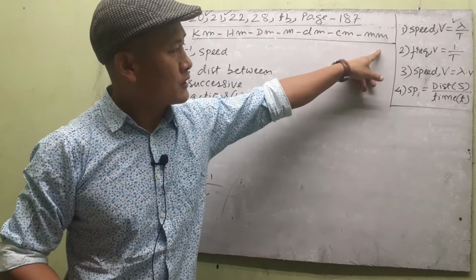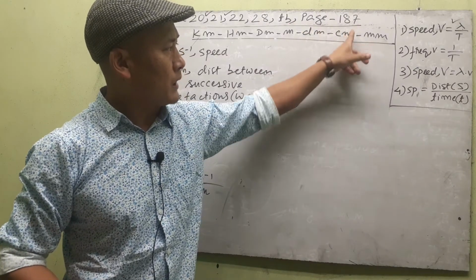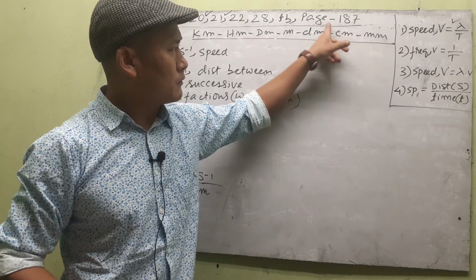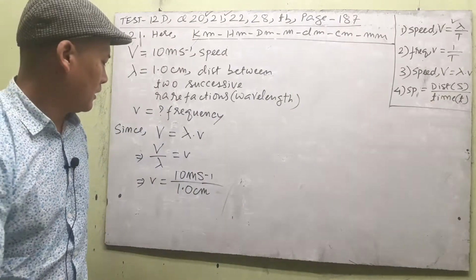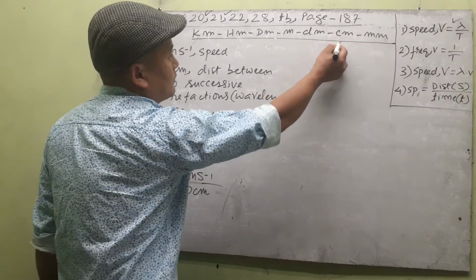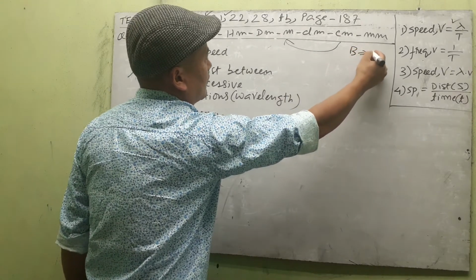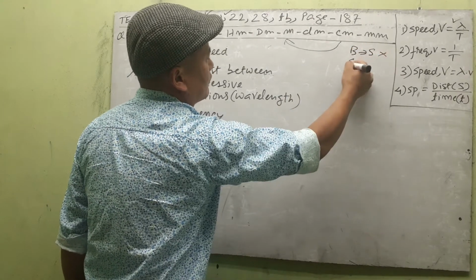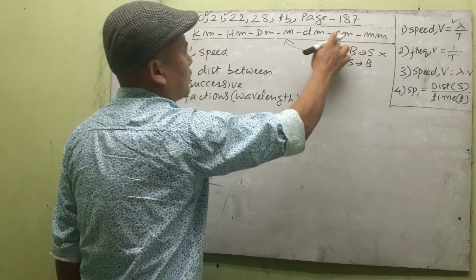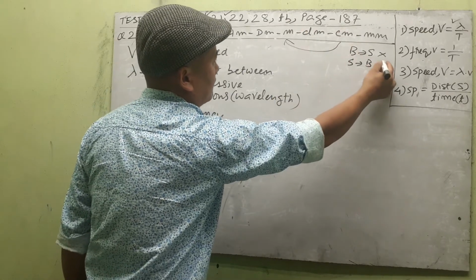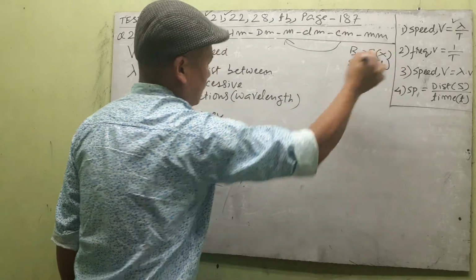From right to left, 1 millimeter is 1 by 10 centimeter, 1 centimeter is 1 by 10 decimeter. Now we need to change centimeter to meter, from small to big, so we divide. Big to small we multiply.